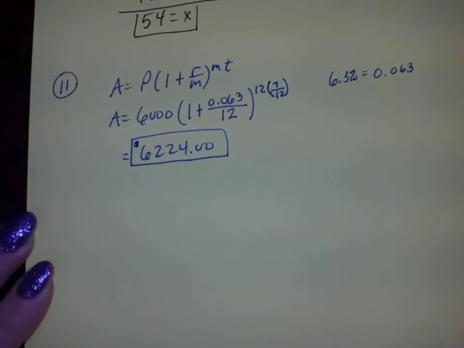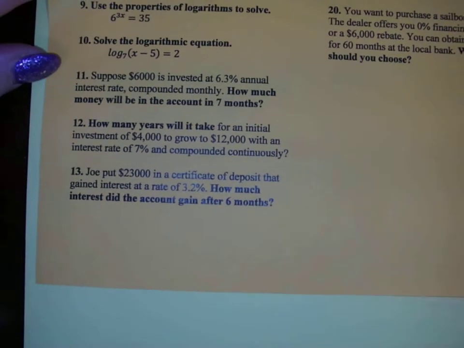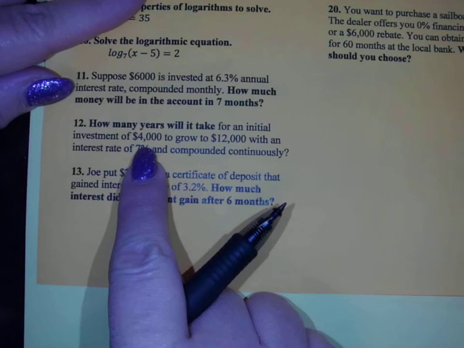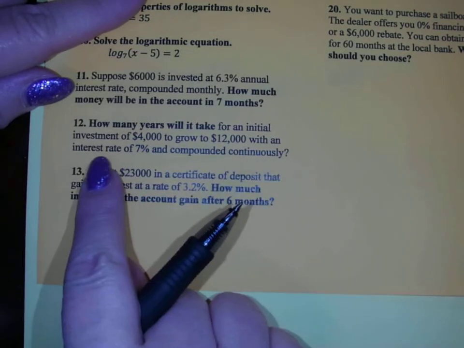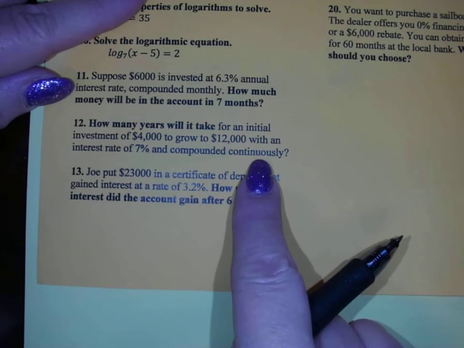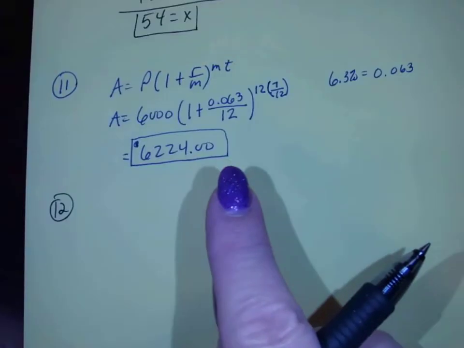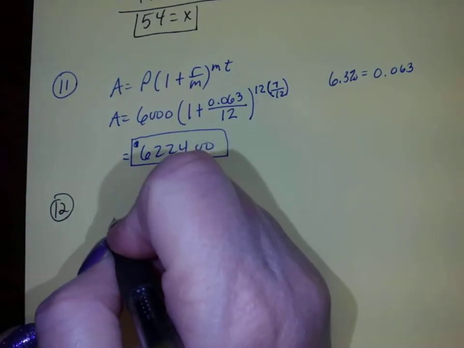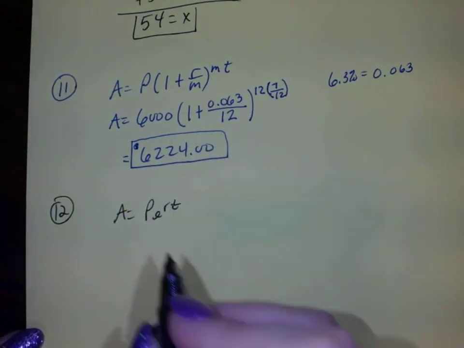All right, number 12. On number 12, it says, how many years will it take for an initial investment of $4,000 to grow to $12,000 with an interest rate of 7% compounded continuously? If you have continuously, that means you're using the e. And so this one will be A equals P e to the rt.